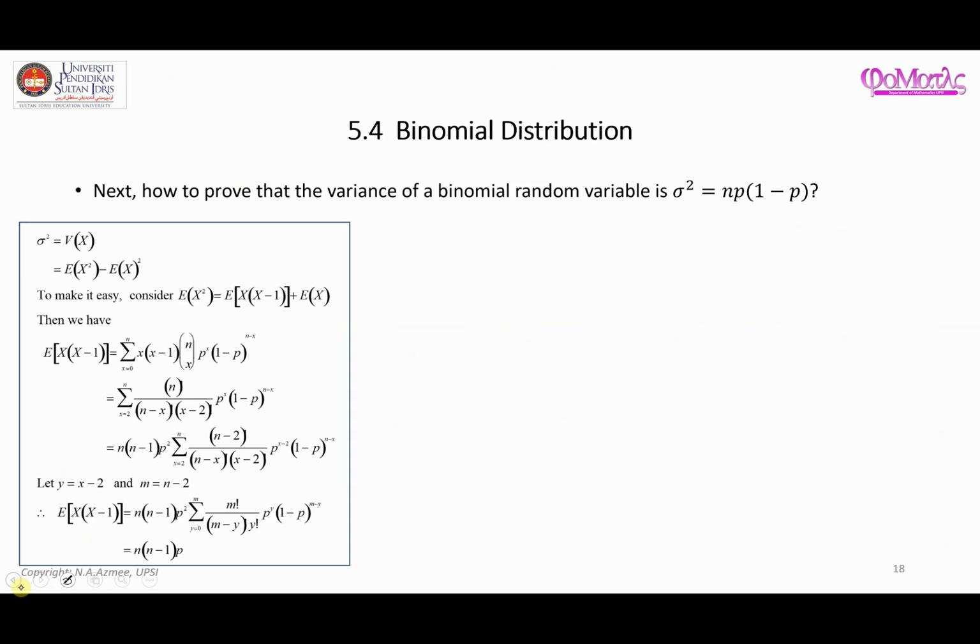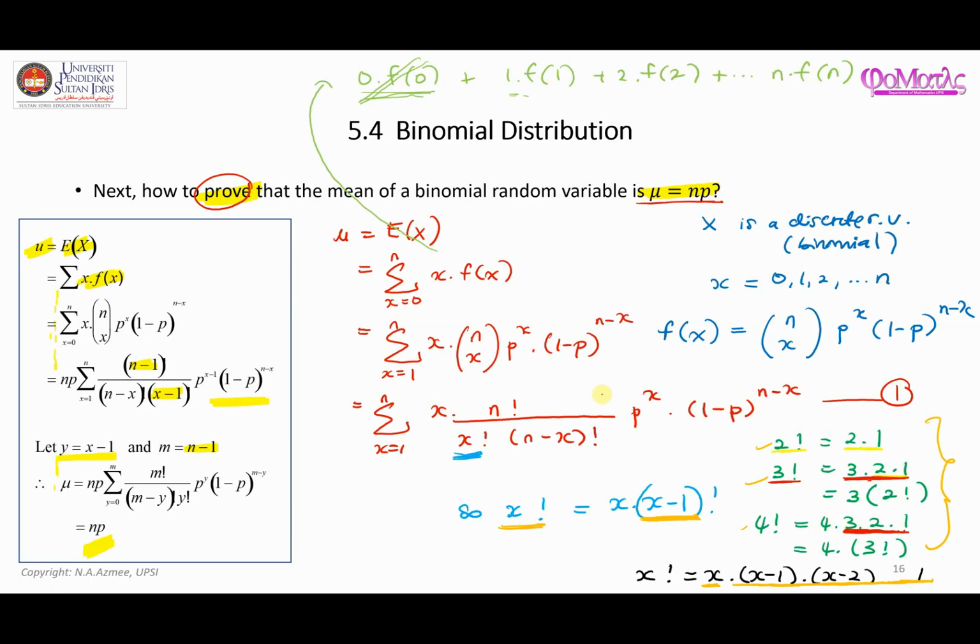Okay, so we have x is equal to this guy here, and I'm going to replace x factorial with this representation. And similarly, you can do the same thing for n factorial. N factorial also can be replaced in a similar manner. So you will have n times n minus 1 factorial.